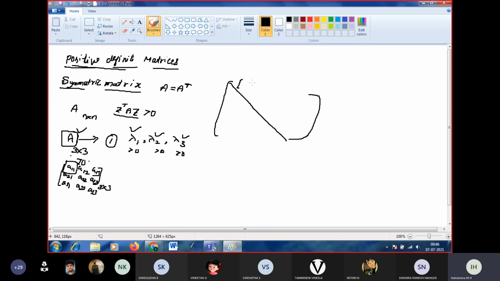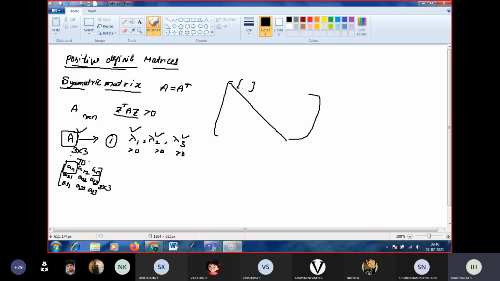The left upper triangular matrix, if you have a square matrix, so in that submatrices, must have positive determinant values. Each submatrix of the left upper triangular matrix should have a positive determinant. Also, we have the property of positive definiteness that all the pivots must be positive.